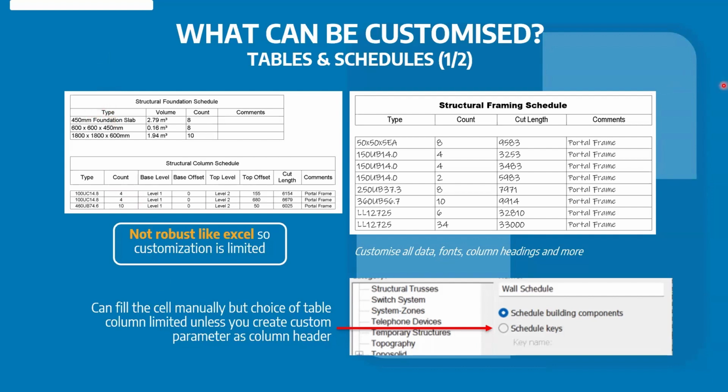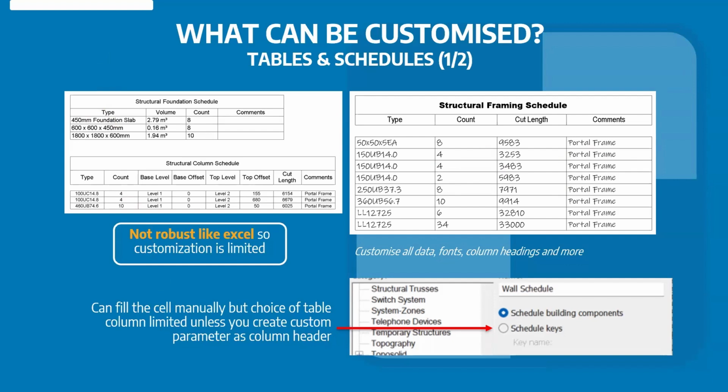Plus, before that, I'd like to say that you also have the choice of customizing the font style. You can also put some sort of color if you want. As you can see over here, it's up to your choice, your company standards.